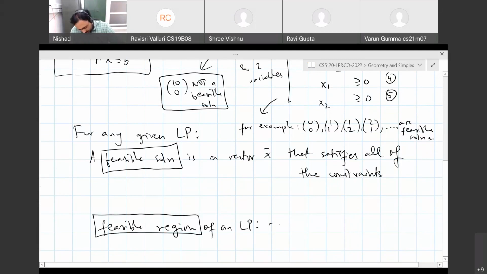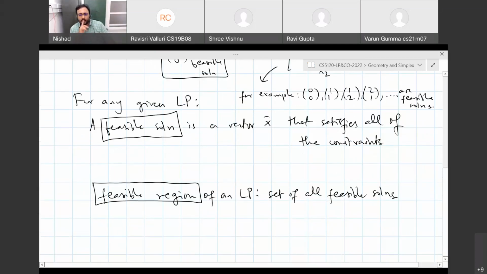It is the set of all feasible solutions; in other words, all x bar such that x bar is a feasible solution.